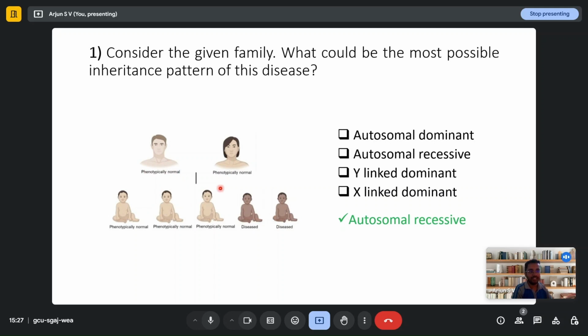But that's not the case. Both of them are phenotypically normal, so it will not be a sex-linked disease. And if it is an autosomal disease, look at the proportion. Out of five people, three are normal and two are diseased, so the proportion of the disease to the normal is very less. So it's an autosomal recessive disease.